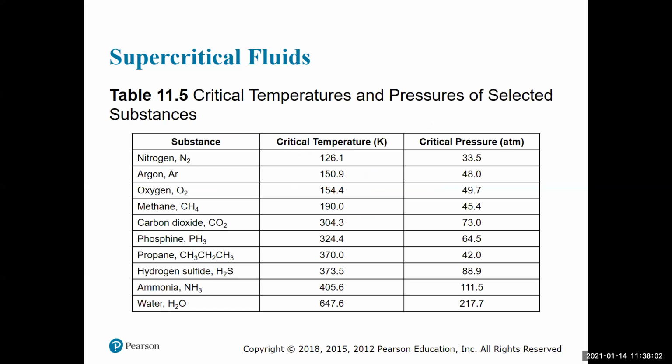One thing it's used in is, if you've ever drunk decaffeinated tea or decaffeinated coffee, there's a good chance that they decaffeinated it by doing a supercritical fluid CO2 extraction. There are other ways to do it too, but those usually involve chemical solvents, and then you have to get rid of the solvents. With CO2, you just change the pressure and the temperature settings, and it just goes away. So CO2 is often used for decaffeinating coffee or tea.